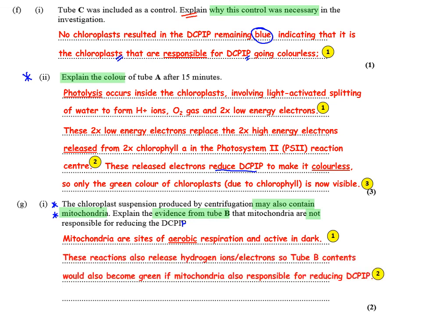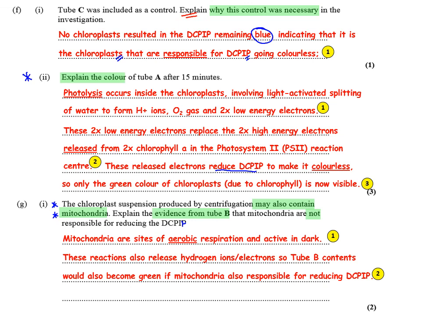Now, the reactions inside the mitochondria do release hydrogen ions and electrons in reduction oxidation reactions. Oxidation is the loss of electrons from a substrate, and they're normally picked up by the coenzymes NAD or FAD. So the contents of tube B would also become green if mitochondria were responsible for reducing DCPIP.